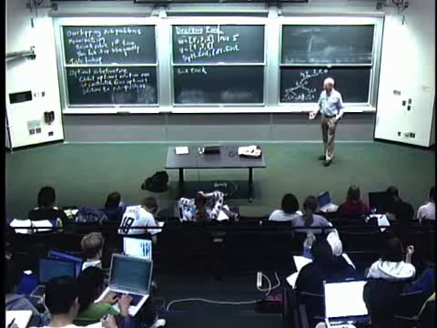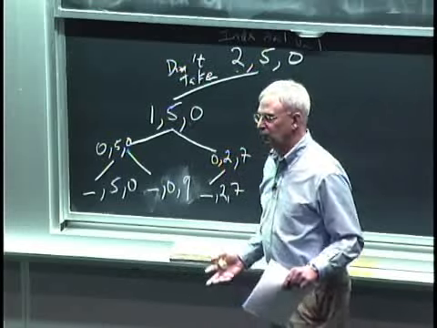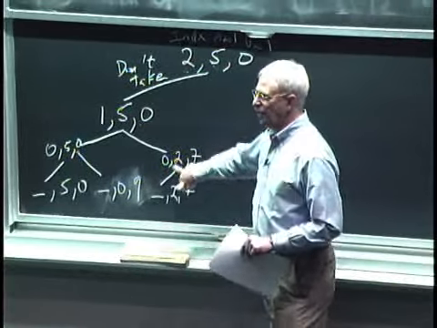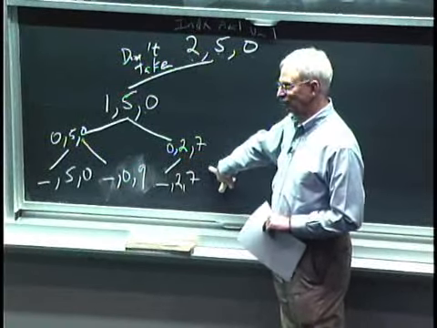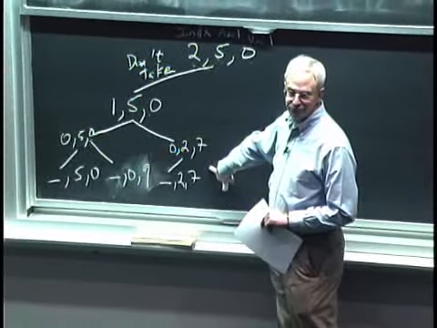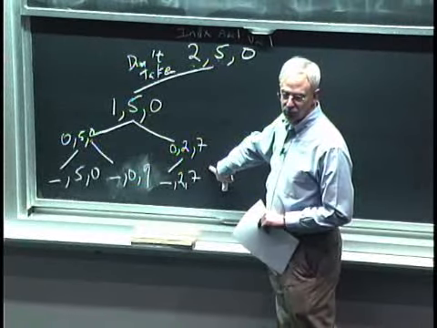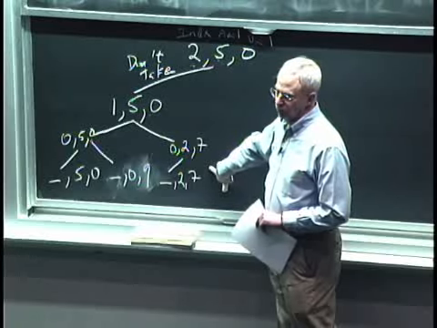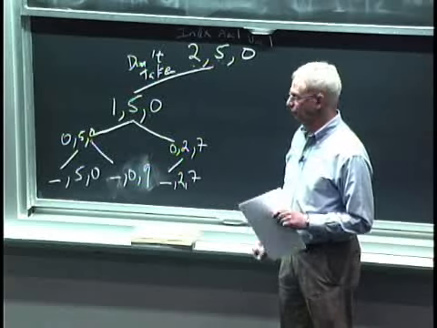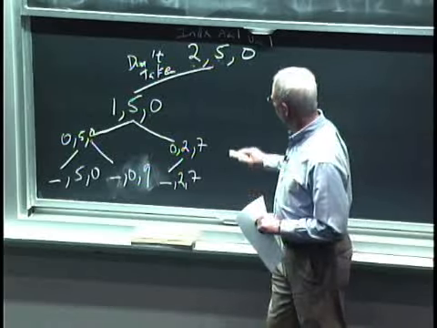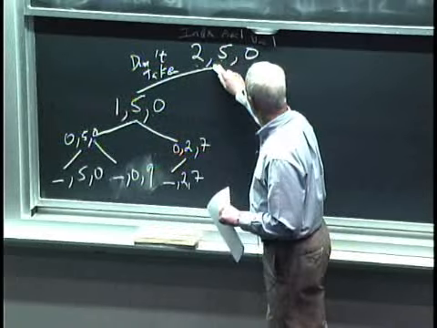Well, we can't, right? Because it would weigh 5 pounds. I only have 2 left. So there is no right branch to this one. So I'm making whatever decisions I can make along the way. All right, let's back up to here.